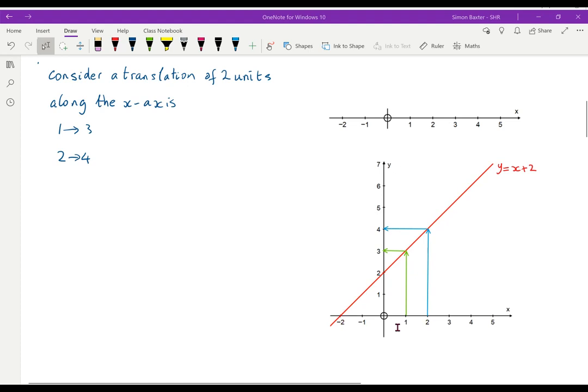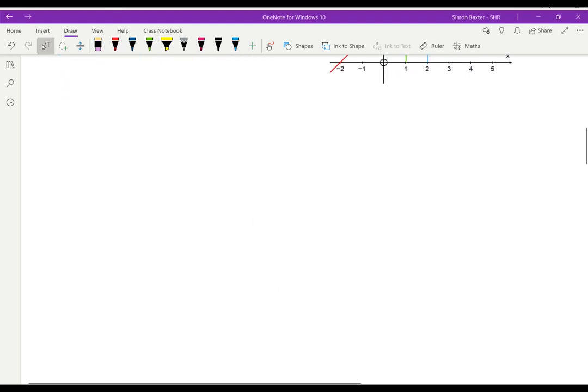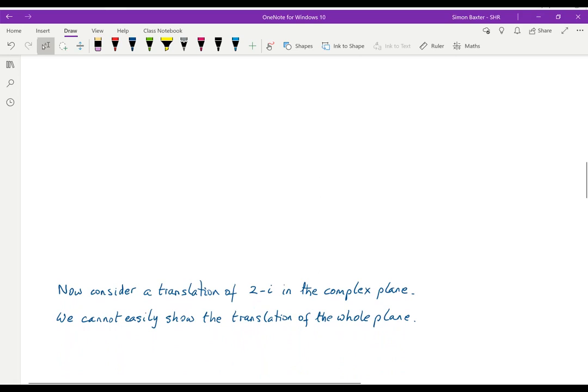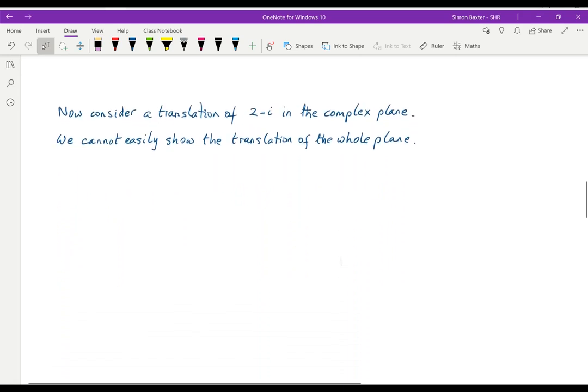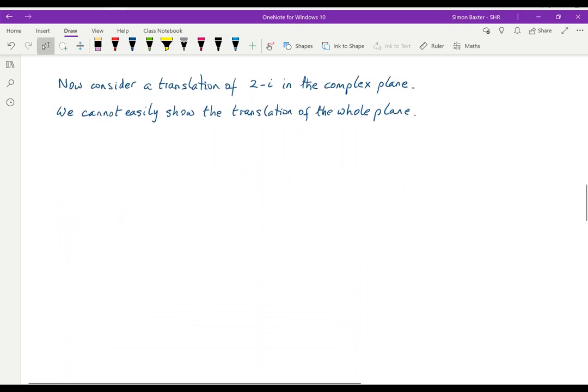What happens when we think in terms of complex numbers? Let's now think of a translation of 2 minus i in the complex plane. We can't really see that very easily as a translation of the whole plane. It would be even more of a mess than we had before.